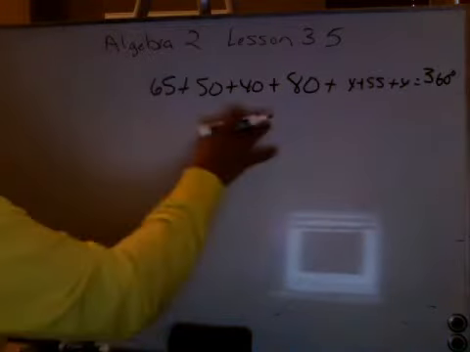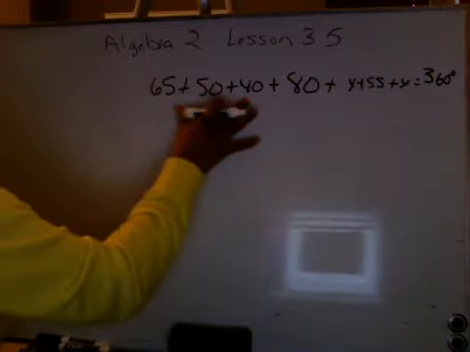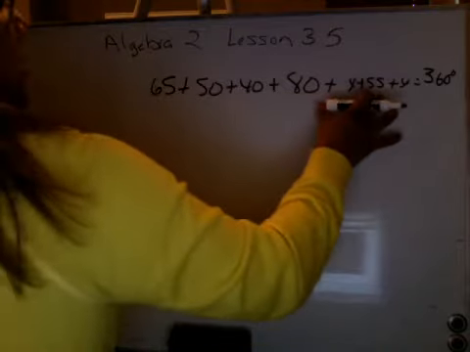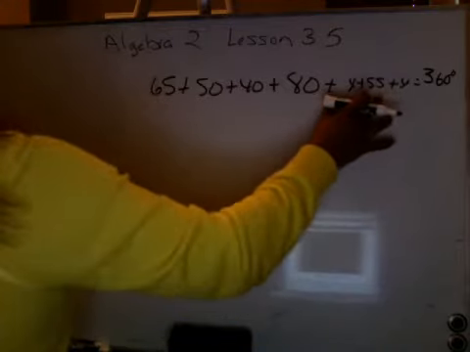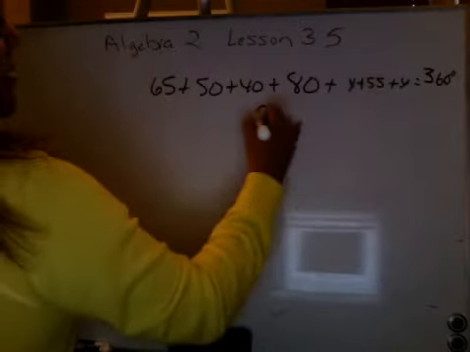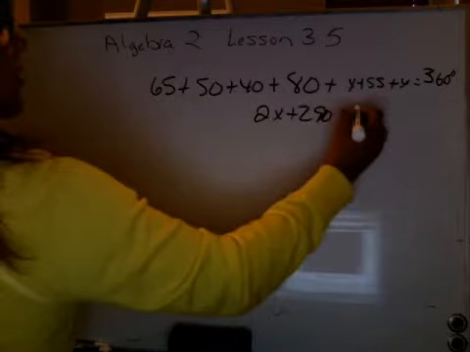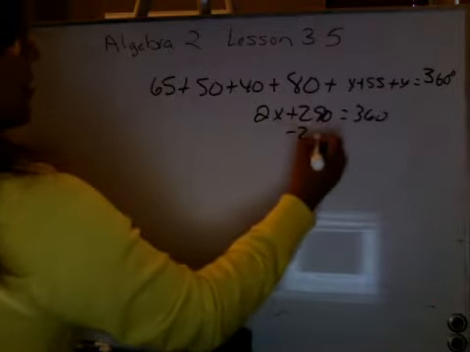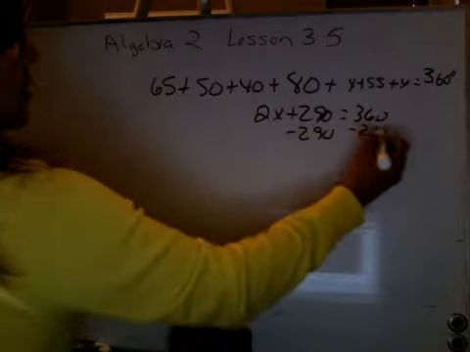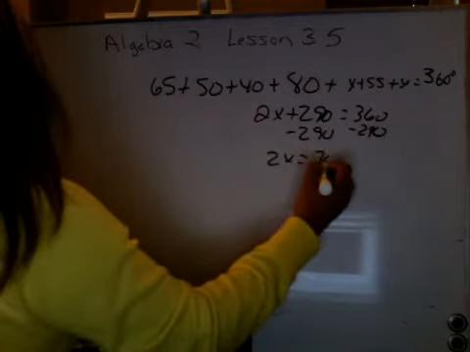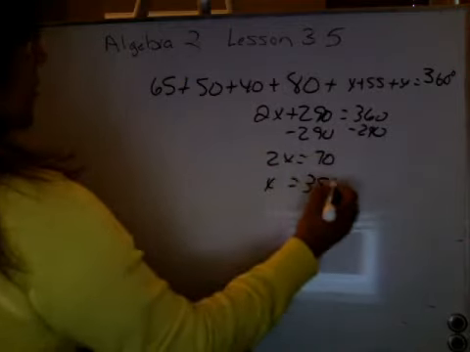Then you combine these, so that's 180, 230, 285, and 2x plus 290 equals 360. And then you just use algebra to solve for x. So x equals 35 degrees.